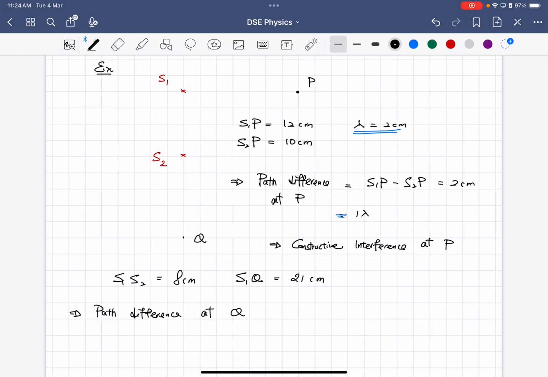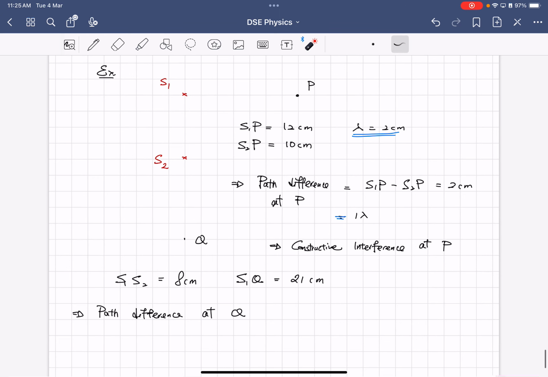This is testing you whether you are following the flow. I just give you two numbers and you subtract. If you try to subtract 21 by 8, then you fall into my trap. Now, path difference means, I go back to P. P is very standard and many examples are using this.